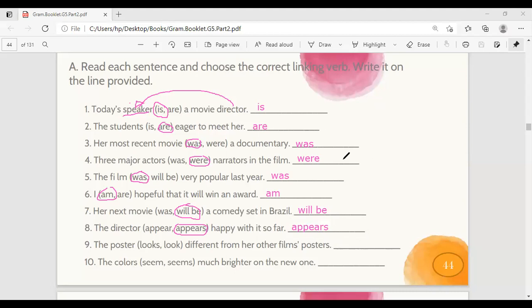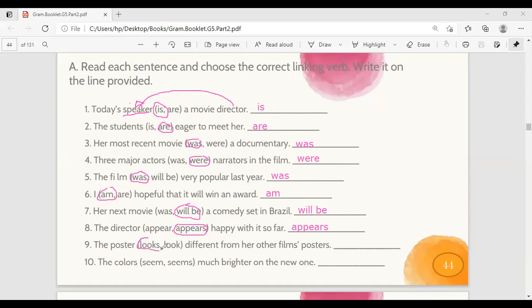Come on, number 9, please. The poster looks different from her other films. Looks, because we're talking about only one poster.